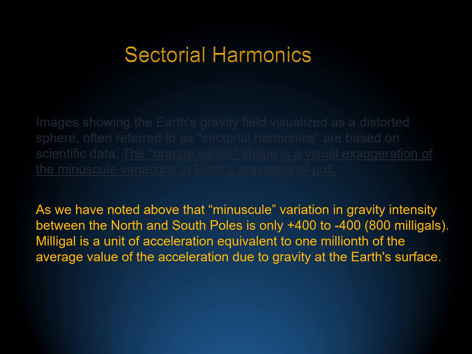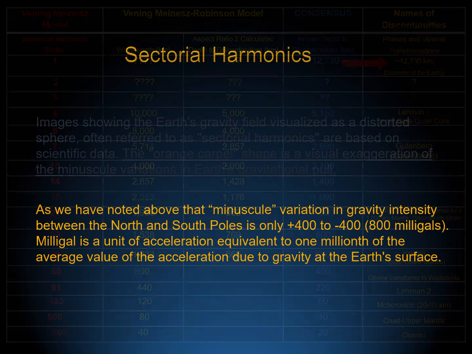the Earth's surface. However, even though the variation in gravity intensity, that is only 800 milligauss in a million milligauss, is very small, the variation can have an impact on the overall geometry of the Earth because it is taking place over millions, hundreds of millions of years.